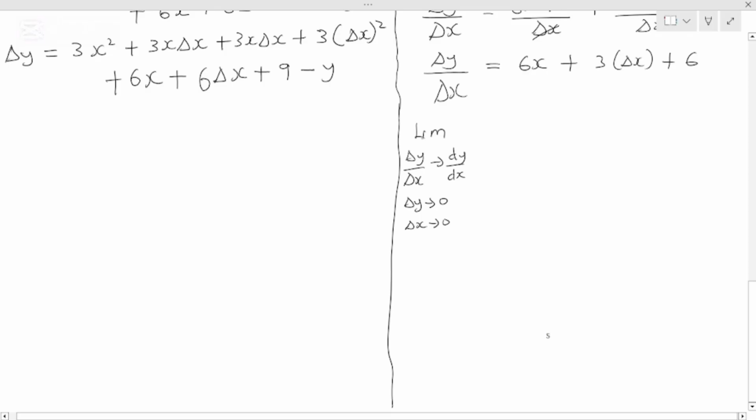This just literally means that anywhere you see any of this, change it to this. So change in y over change in x then becomes dy dx equals 6x plus 3. So anywhere we see change in x, we write 0, plus 6. So the final answer then becomes dy dx is equal to 6x plus 6.